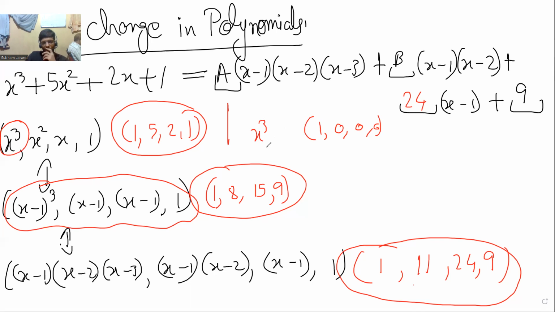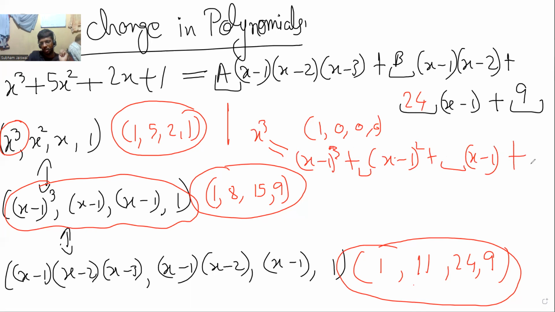When you write x cube using these things, the coefficients will change. You will get some coefficients. If you want to write x cube as x minus 1 cube and so on, you'll get some funny coefficients maybe. It seems like a jobless thing to do, but it is not. You'll understand it's not a useless thing to do, finding these for x cube and x. Today we just found it for an arbitrary polynomial, with respect to these bases.